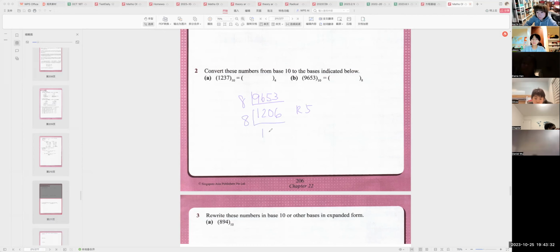Divided by 8, 150, and the remainder 6. Divided by 8, 1, remainder 6 again. Then 2, remainder 2. And I think that's it, right? Because 2 cannot be divided by 8 anymore. So it's 2, 2, 6, 6, 5.